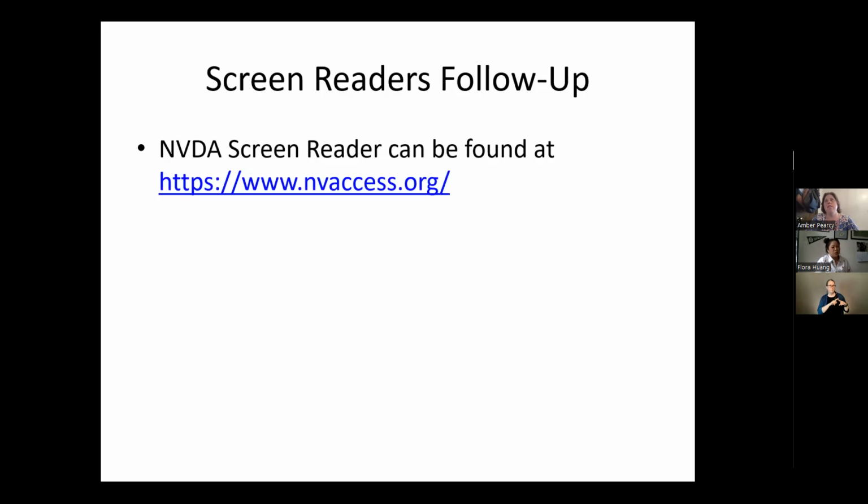So however you are used to searching for things on your Mac, if you only have a Mac and cannot use NVDA, that's also an option. A lot of these things, if you're curious, just give it a quick Google and see what's out there. There are a lot more resources than you think.